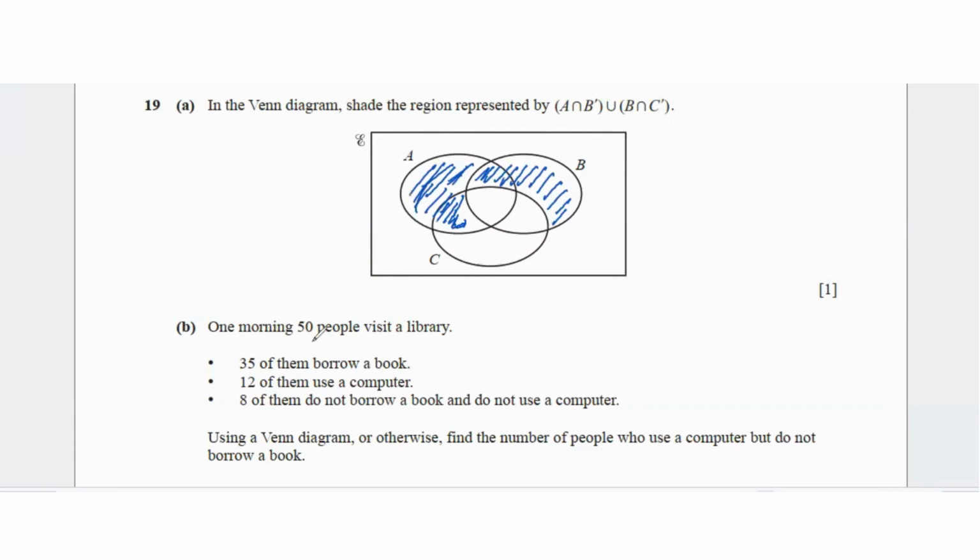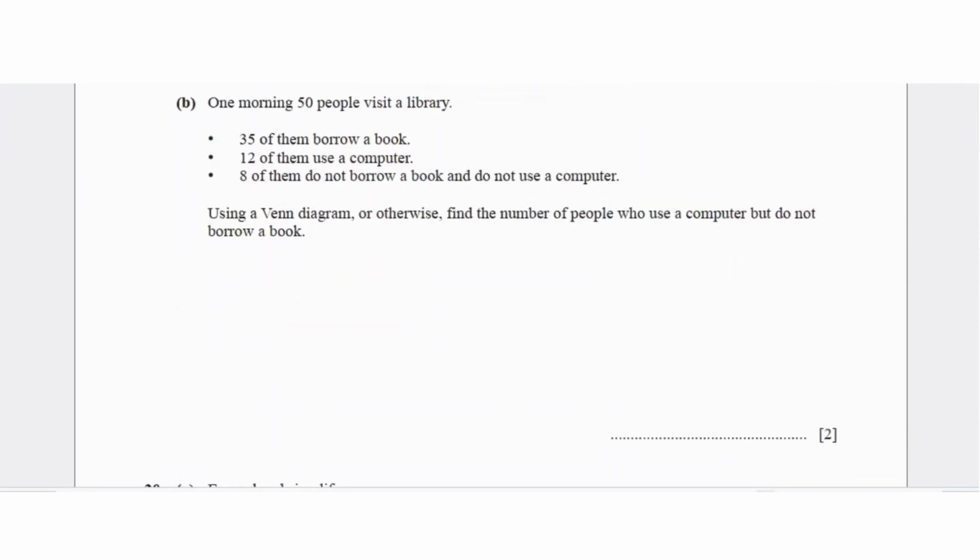Then it says one morning 50 people visit a library. 35 of them borrow a book. 12 of them use a computer, and 8 of them do not borrow a book and do not use a computer. Use a Venn diagram or otherwise find the number of people who use a computer but do not borrow a book. So let's draw the Venn diagram first.